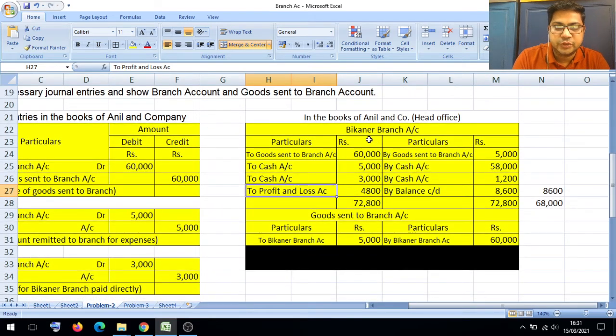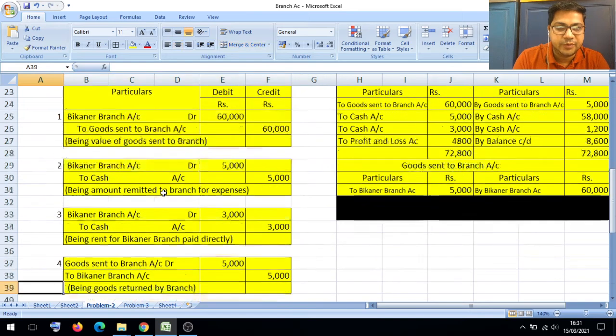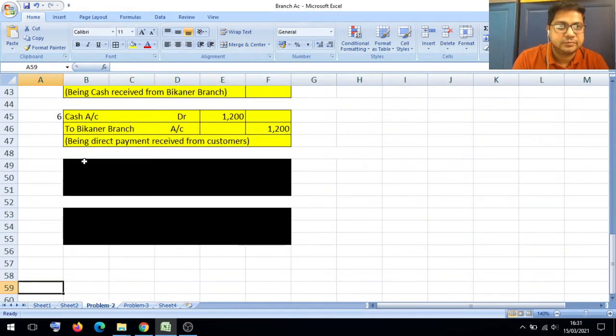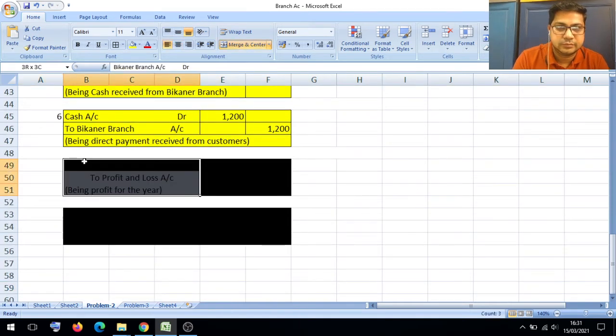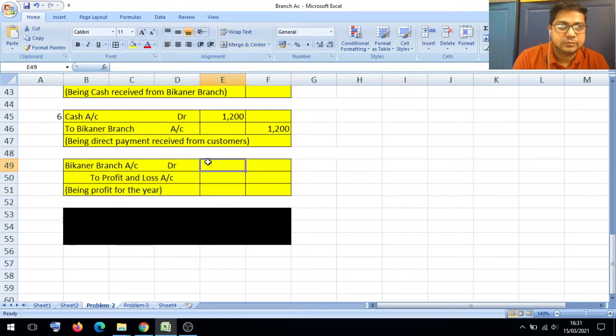Yes, I hope you understood. The entry will be Bikaner branch account debit to profit and loss account 4,800. Next entry we have to write, amount 4,800.